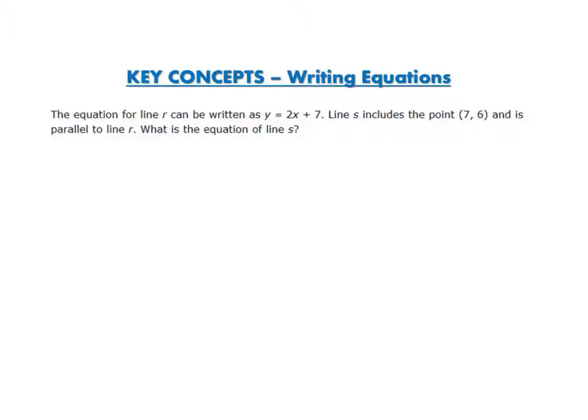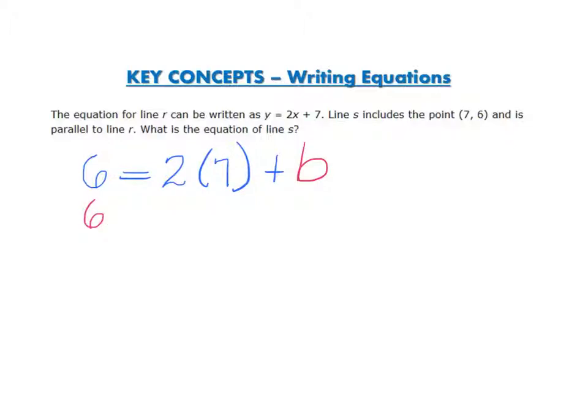So, right now, because these lines are parallel, I know that the slope is 2. They give us a point, an x value and a y value. So to solve this, we are going to replace y with 6, and instead of x, we're going to put 7, and the only thing we have to find is the y-intercept, or b. So we're just going to solve for b.